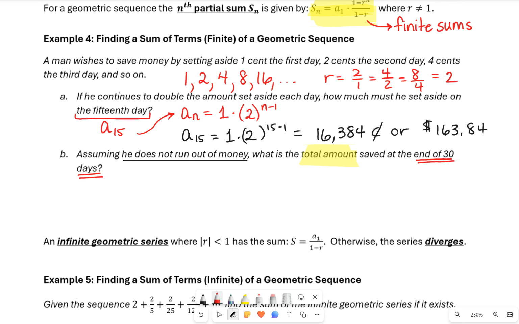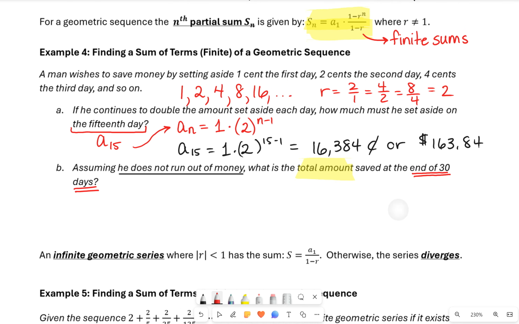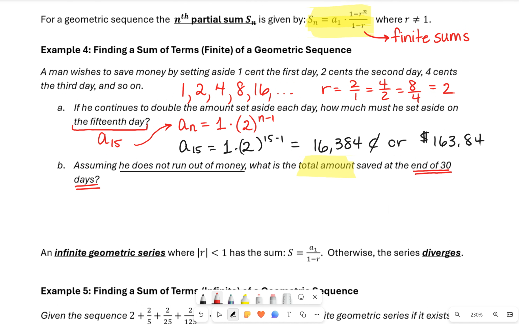So our formula upstairs for a finite sum says to calculate S sub n. For us, n is 30. So S sub 30 means sum up the first 30 terms. Capital S is sum.